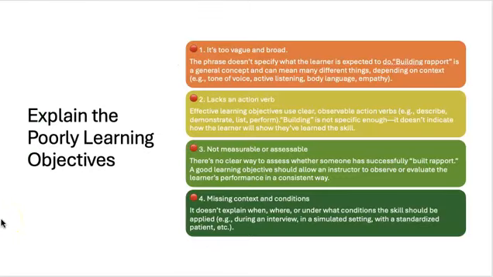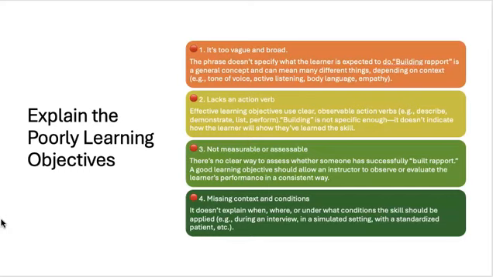These are the 4 main reasons why a learning objective would be written poorly. So these are what you need to pay attention to when you're evaluating your own learning objective. Remember, look at Bloom's taxonomy for some wonderful examples of action verbs.